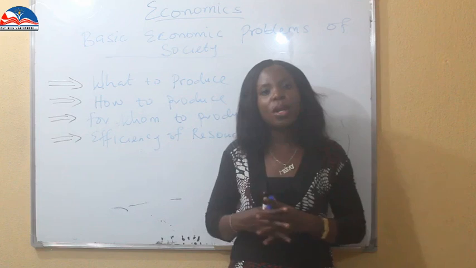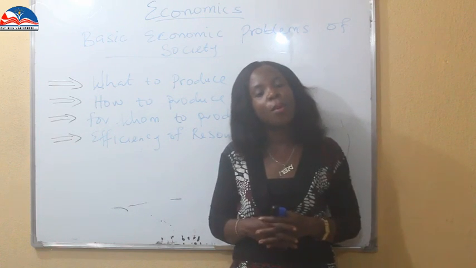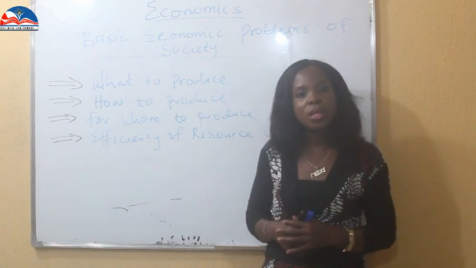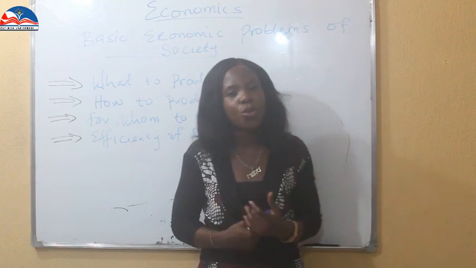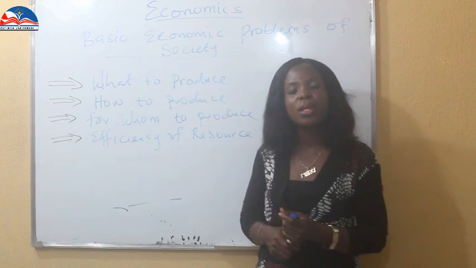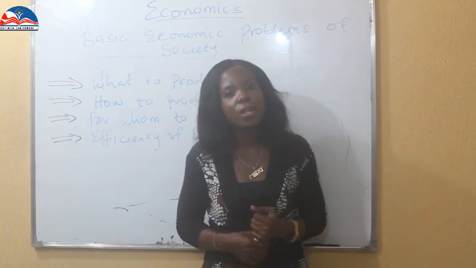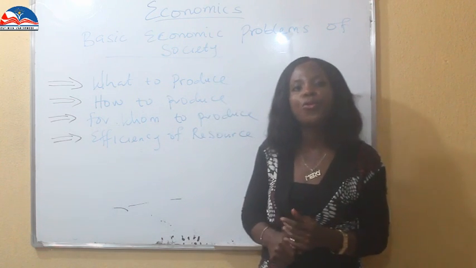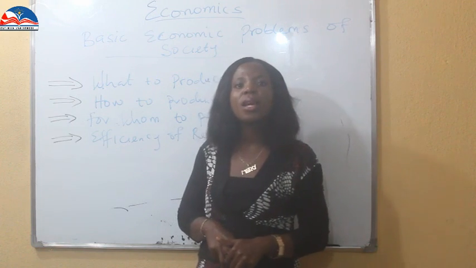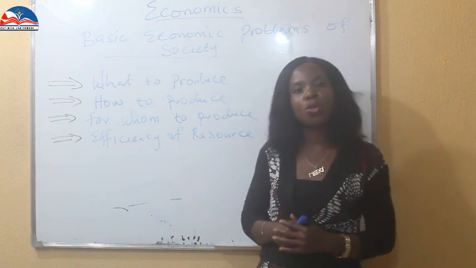So when you hear the words basic economic problem in a society, know that they are just referring to those things that manufacturers and producers, those who create goods and services, face in order to make the goods efficiently and effectively, to meet the taste of buyers or consumers.